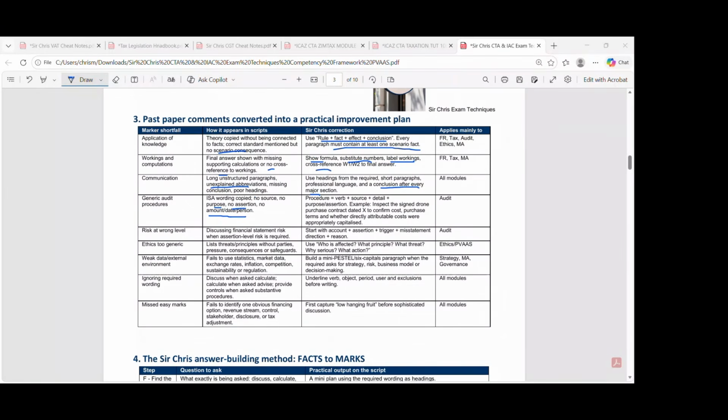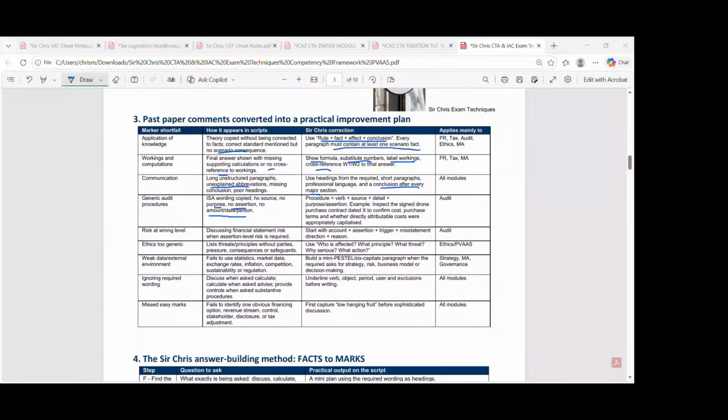All right. Then another key thing: risk at the wrong level. Discussing financial statement risk when assertion level risk is required. So please, how do I know if it's risk at overall level? For example, revenue will be understated or overstated. Is it at overall level?